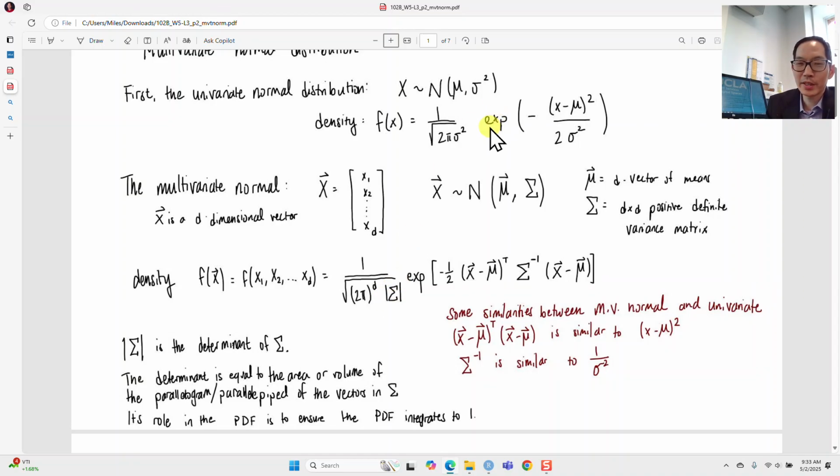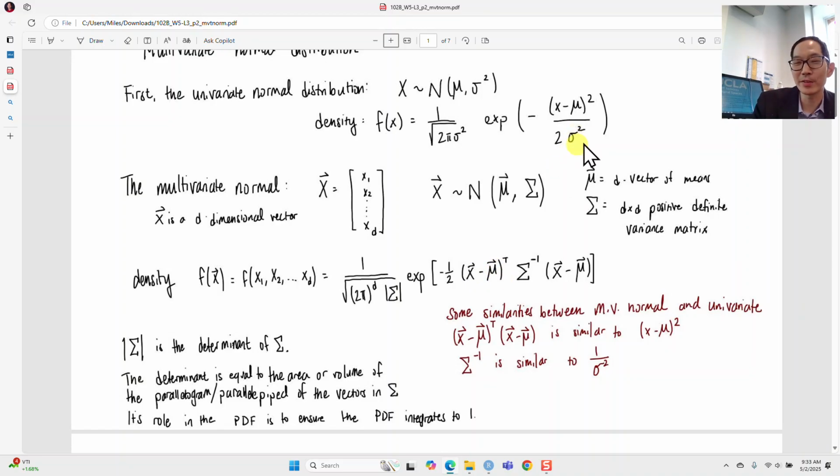And then you have e raised to the, and instead of x minus mu squared, you're going to have x minus mu transpose times x minus mu, our vector x minus mu transpose times our vector x minus mu. And that's like the matrix version of x minus mu squared, right? Squaring is you take the vector transpose times itself, and you basically get that.